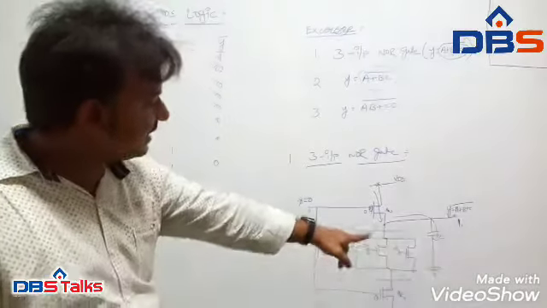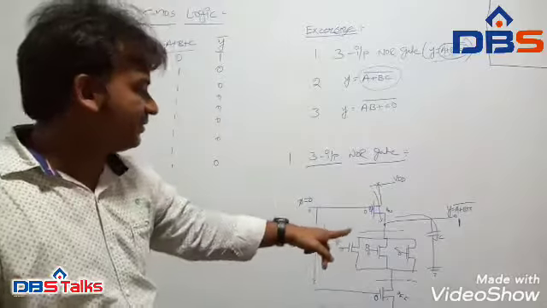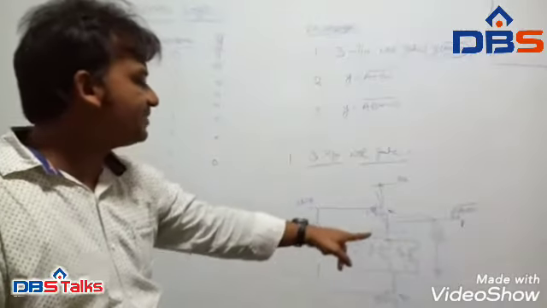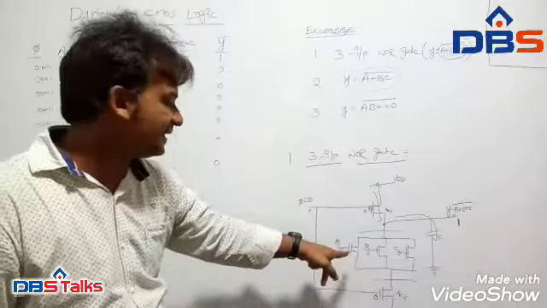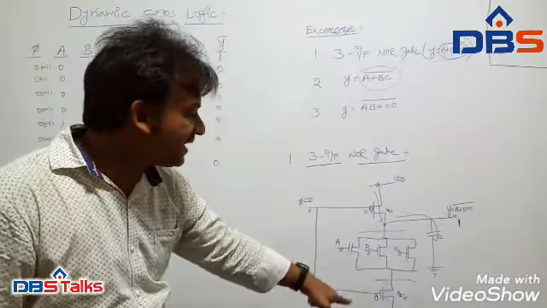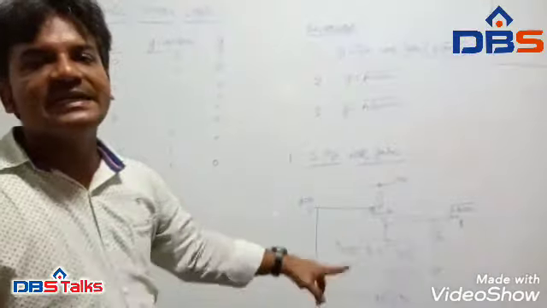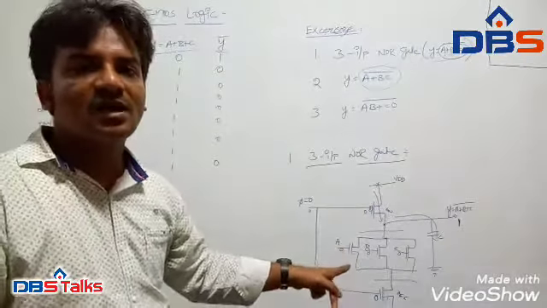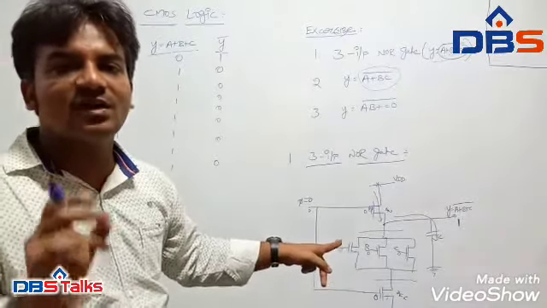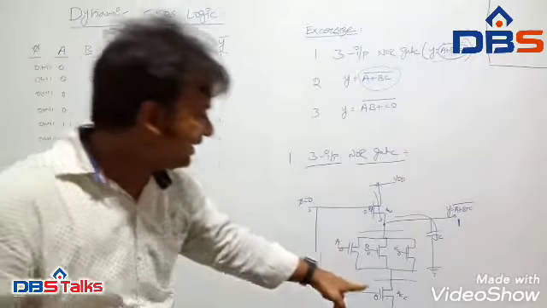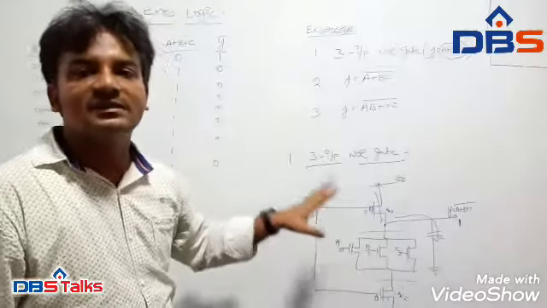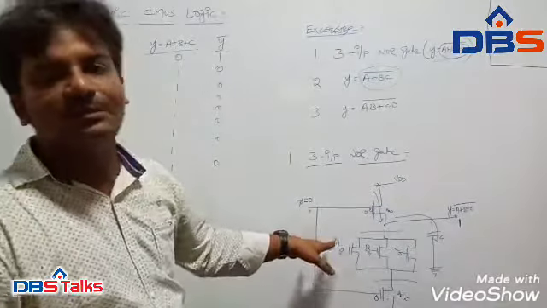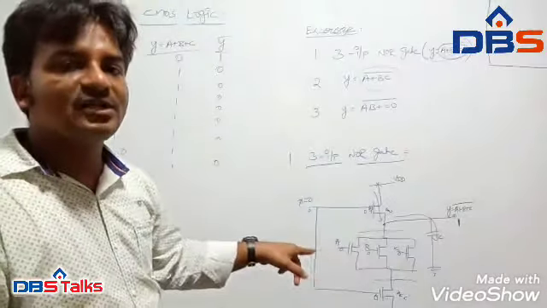Irrespective of the NMOS transistors, we don't get logic 0. The only condition is whenever the NMOS evaluation transistor is on, then only the entire setup will enter the evaluation phase.